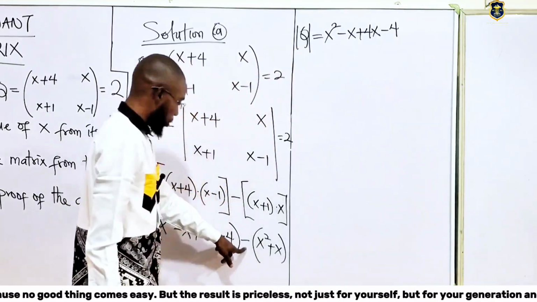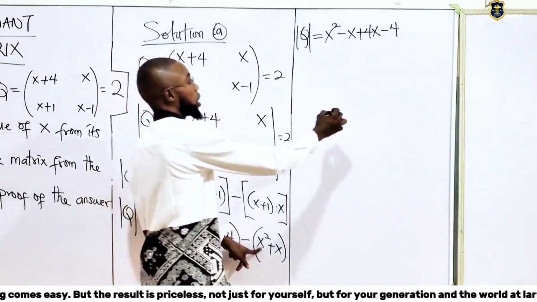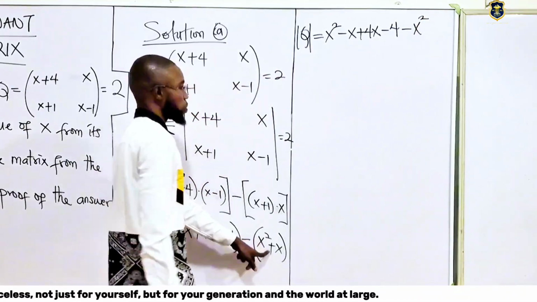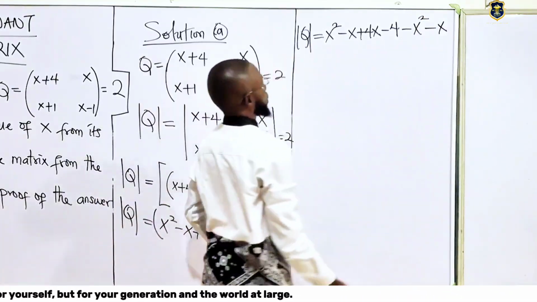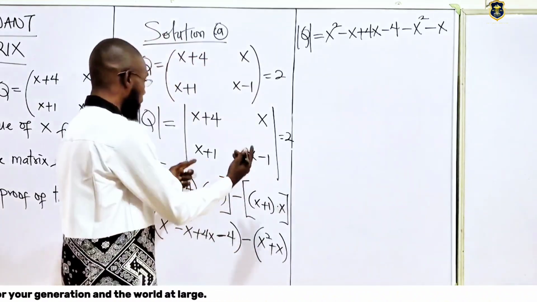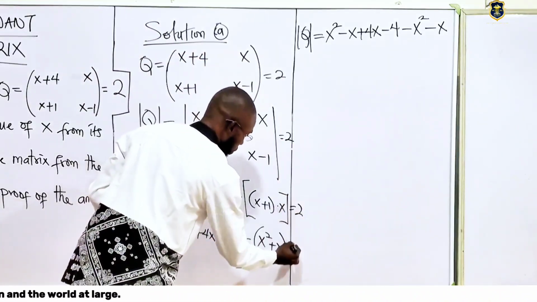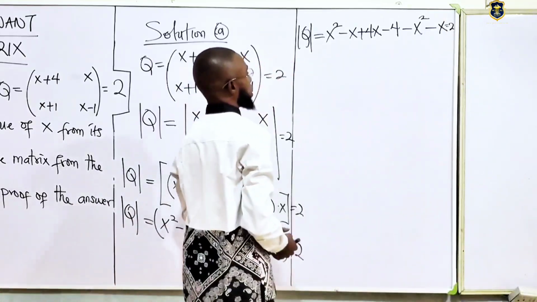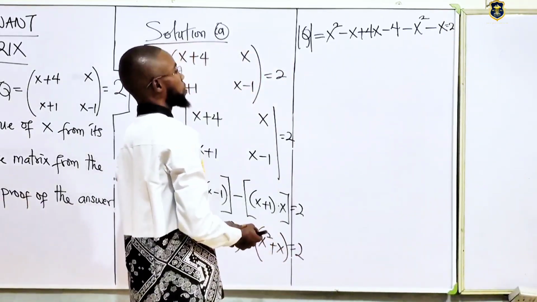Now minus times x squared becomes minus x squared, right, and then minus times plus becomes minus x, right? See how easy it is? All of them is equal to 2, please, because we have an equal to 2 here. That's equal to 2 as well. Sorry about that.